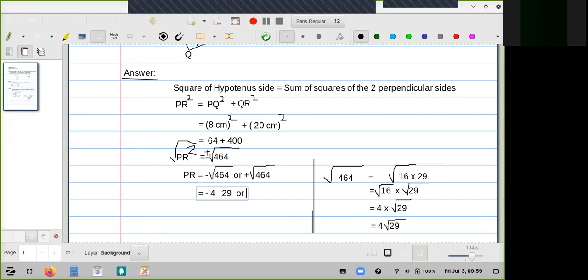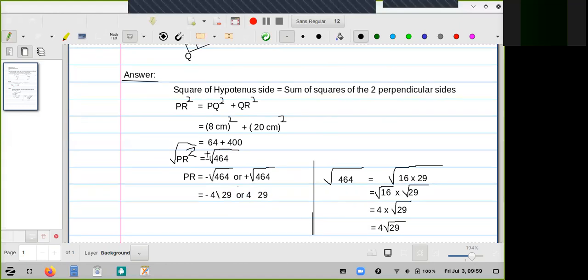Whenever a number is positive, we may leave out the positive sign, right? Remember, I am taking my answer from the side calculation that I did on my right-hand side.